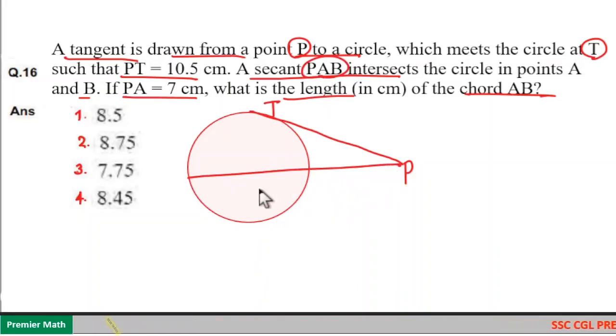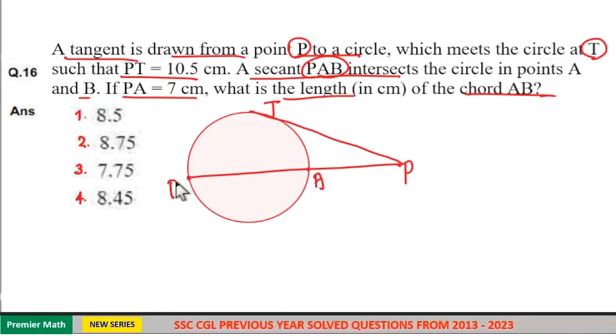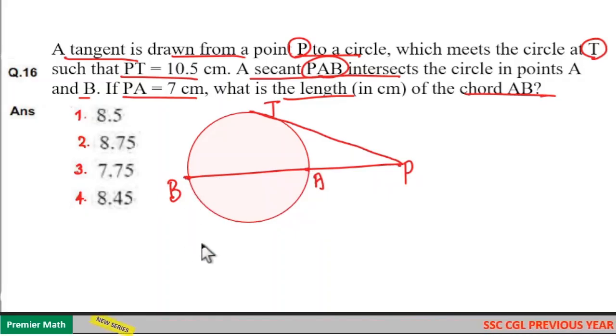Now secant means when a line meets two distinct points on the same curve, then it's a secant. That is, here this line meets points A and B on the same curve. So this is secant. And here PT is 10.5 and PA is 7 cm.